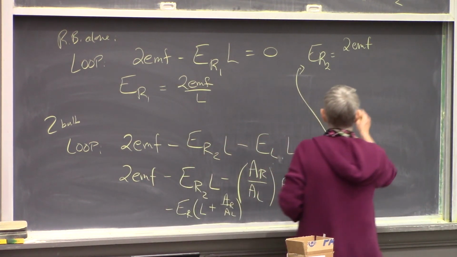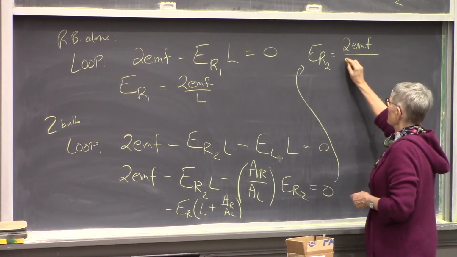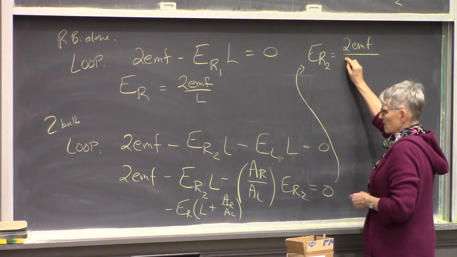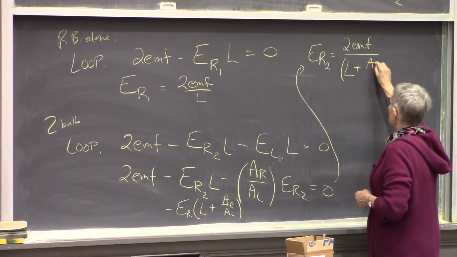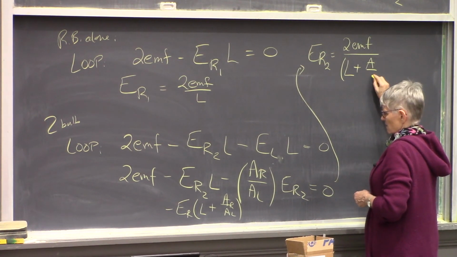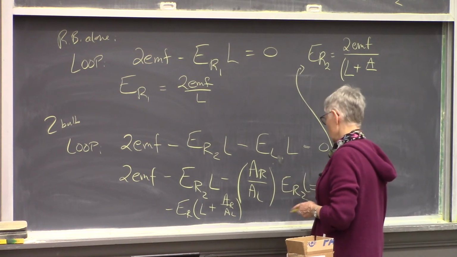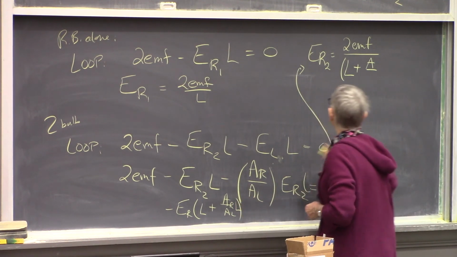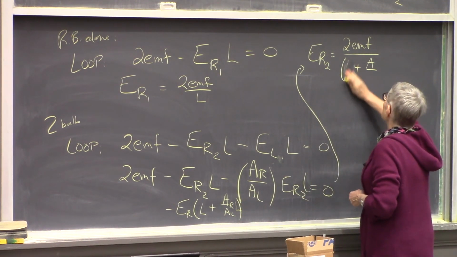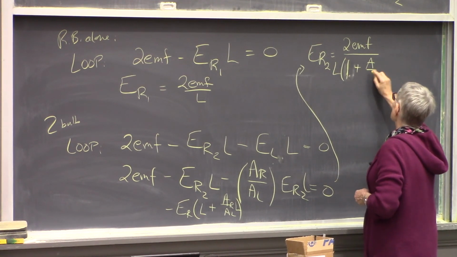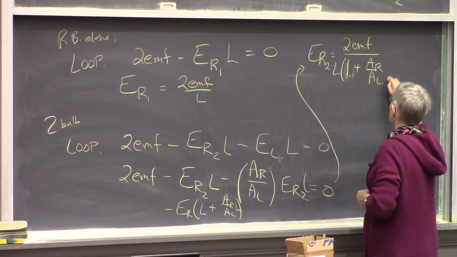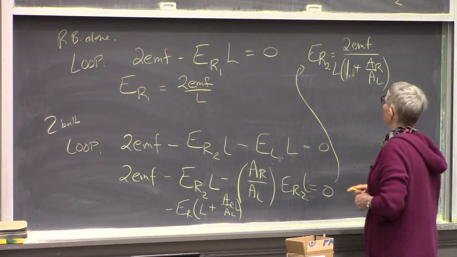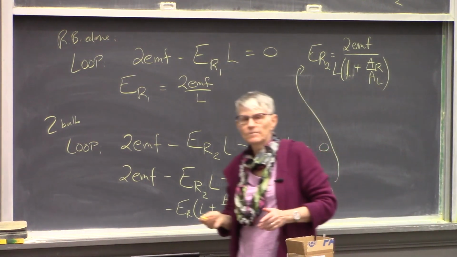So it looks like we're going to get 2 EMF divided by L plus, oh, that's an L. We have an L here. L times 1 plus the cross-sectional area of the round bulb over the cross-sectional area of the long bulb, if I did that algebra right.